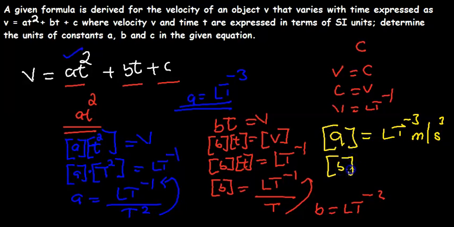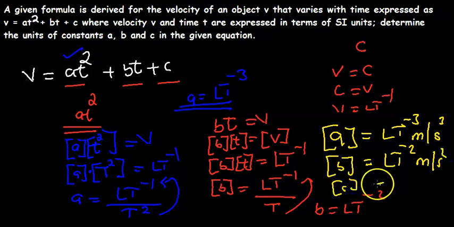For B, it's LT minus 2, and this is meter per second squared. And for C, this is simply LT minus 1, which is meter per second.